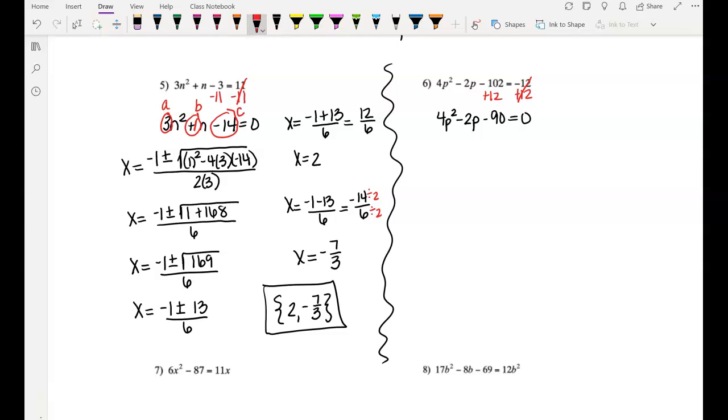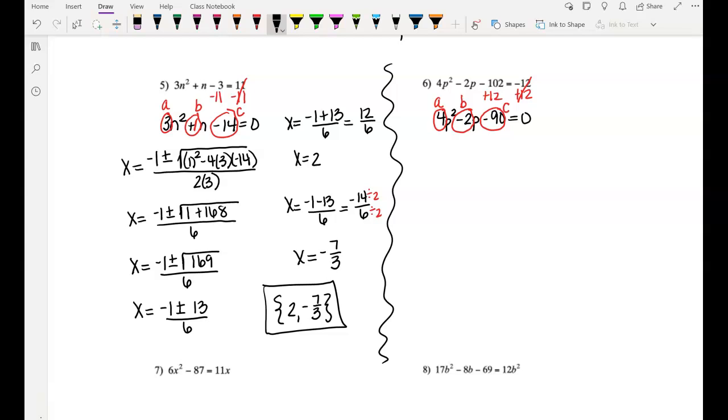Now that I have one side equal to 0, I can identify my a, my b, and my c. So in this case, a is going to be 4, b is going to be negative 2, and C is going to be negative 90.